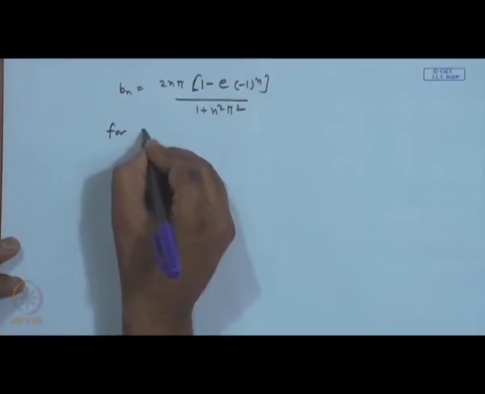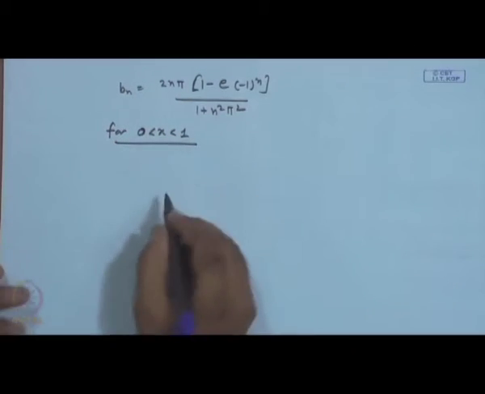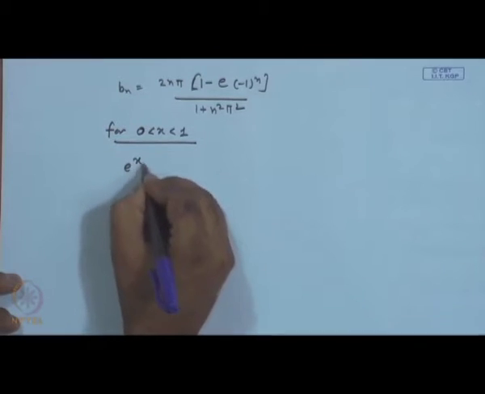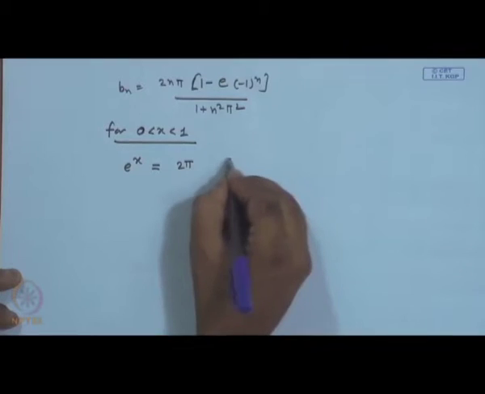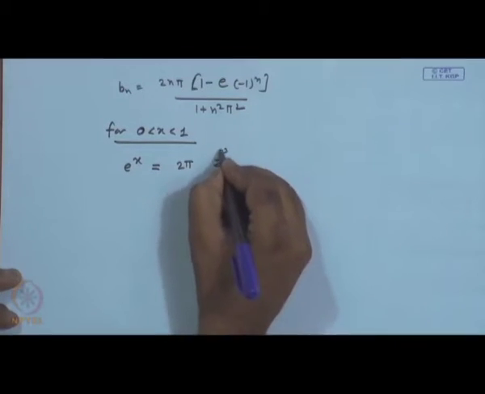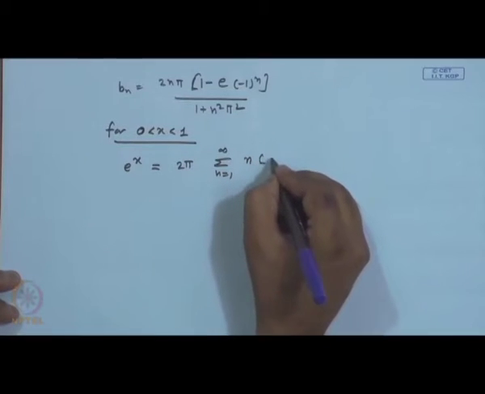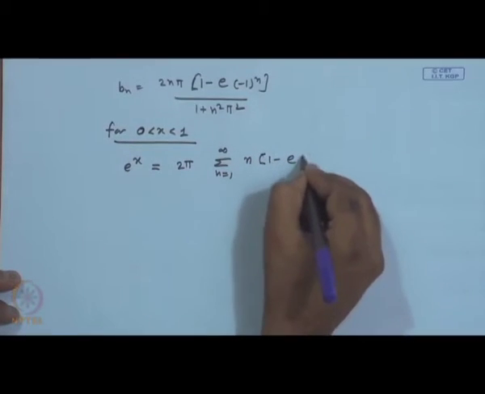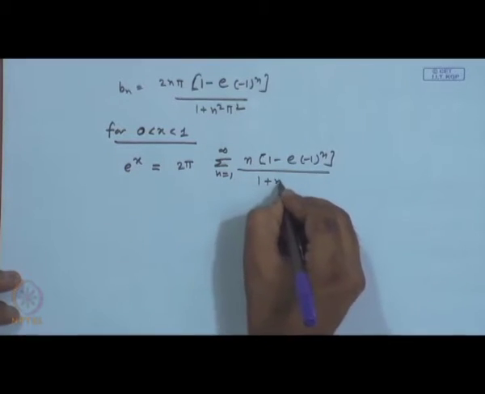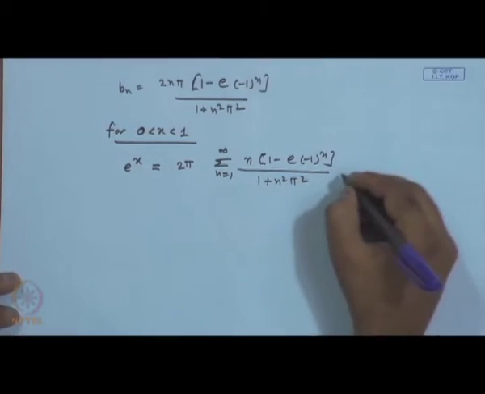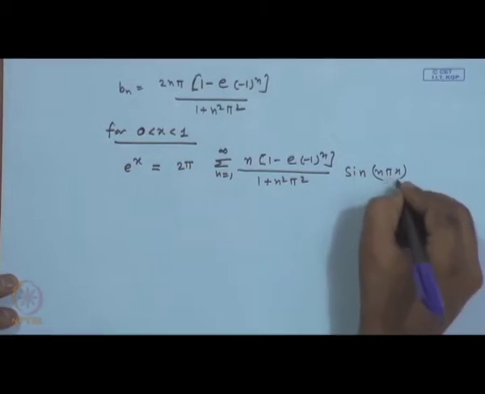So, now for x between 0 and 1, this e^x we can represent by that Fourier series: 2 pi, sum n from 1 to infinity, of n (1 minus e^(-1) to the power n) over (1 plus n^2 pi^2), times sin(n pi x).